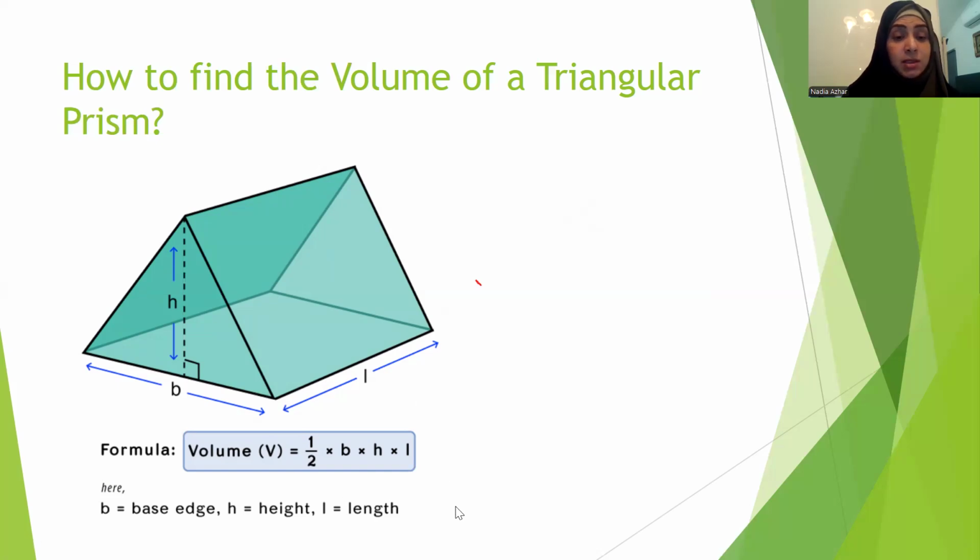So technically we can say that the volume of any prism formula is: area, which you know very well, into the length to which the prism has extended from its base shape. Isn't it easy?